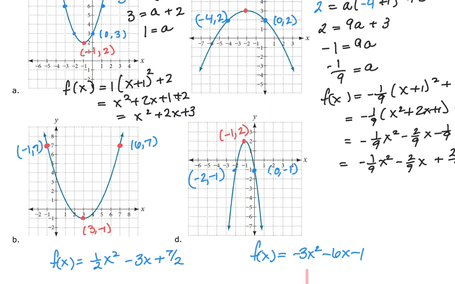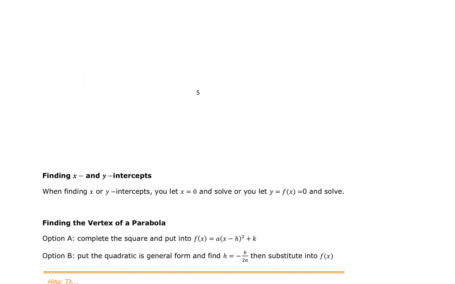Same thing happened here. I have a vertical stretch of 3. Negative says I am opening downward. And what that does is, for a quadratic, that vertical stretch of 3 does a horizontal compression. So kind of cool, right? You're like, no, it is kind of cool.